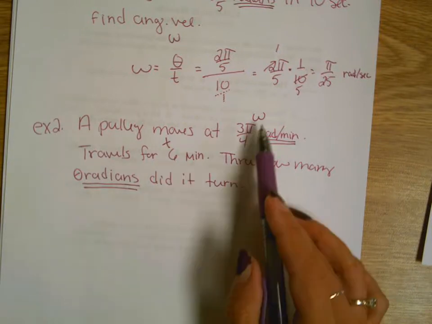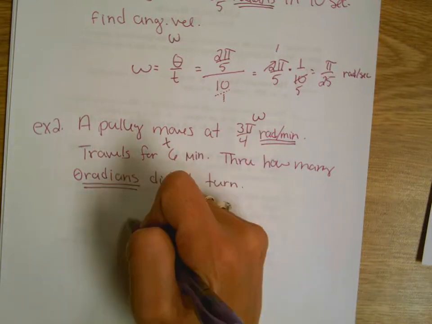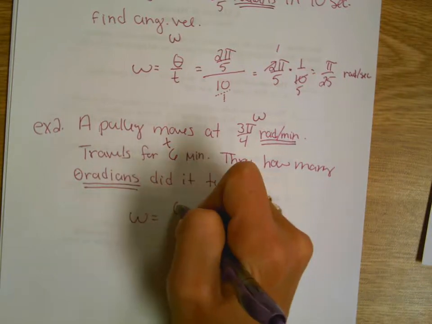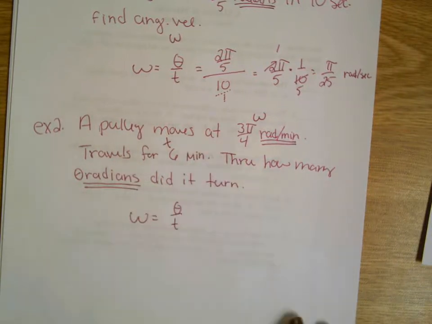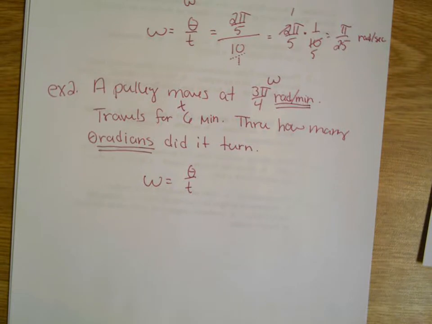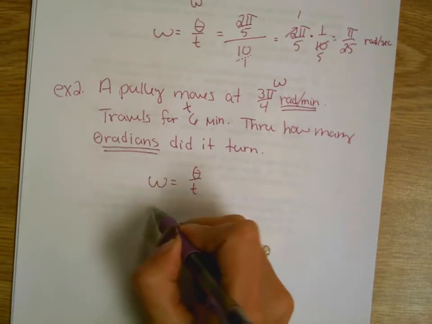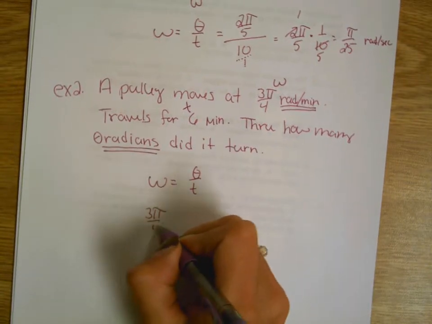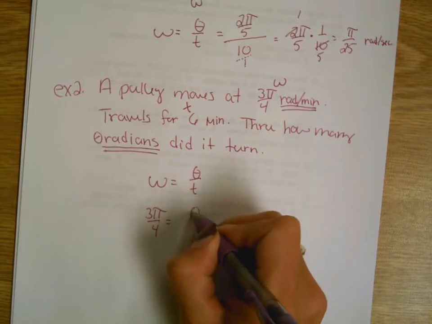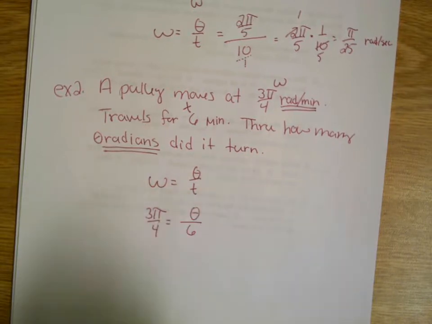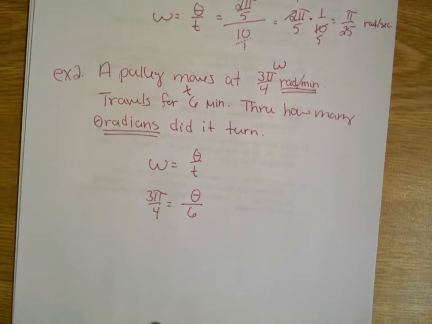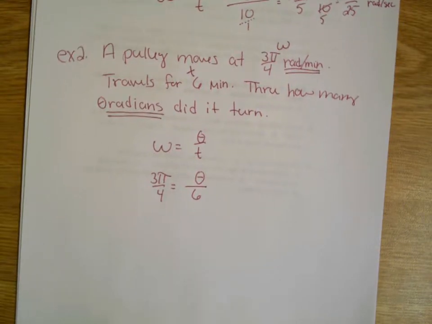So we're trying to find theta. There's only one formula that has these 3 symbols in it. So W is the 3 pi over 4. Theta is unknown. And then 6. How do you solve for theta?